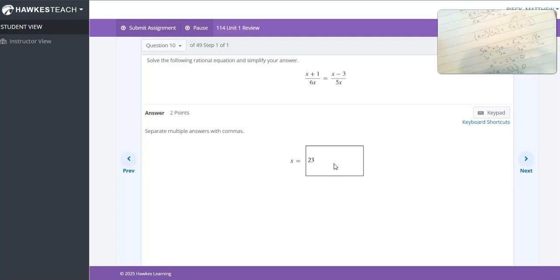And if you're ever curious as to whether you have the correct answer or not, you can always go through and check it in terms of the original question. When you plug in a 23 for x, we end up with 24 over 6 times 23. We end up with like 0.1739, it's going to be some weird fraction there.